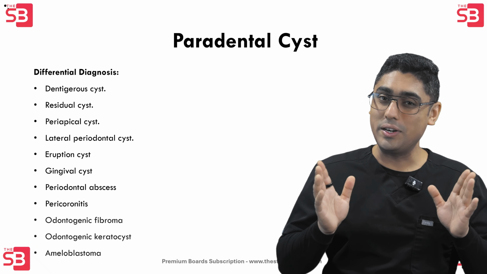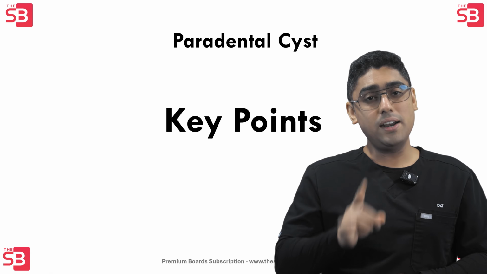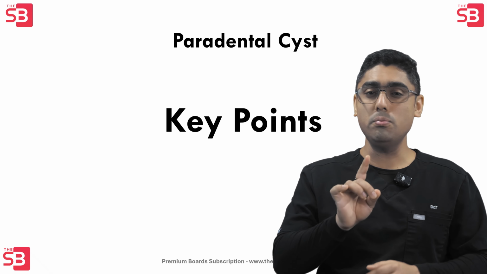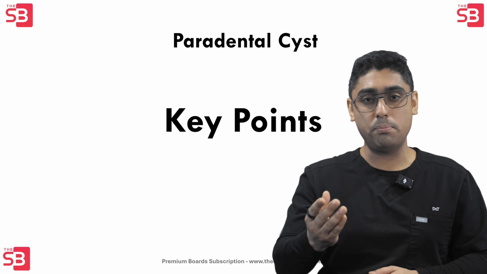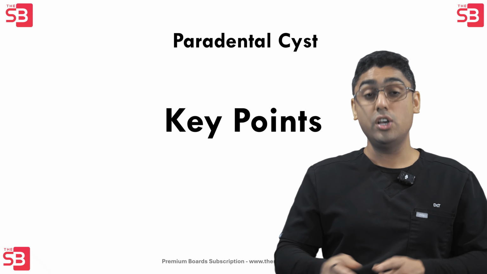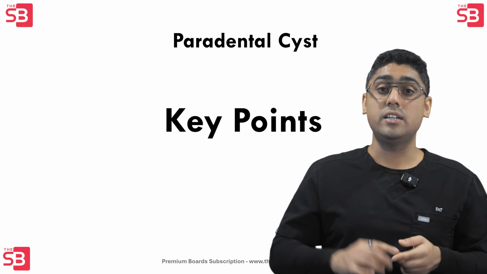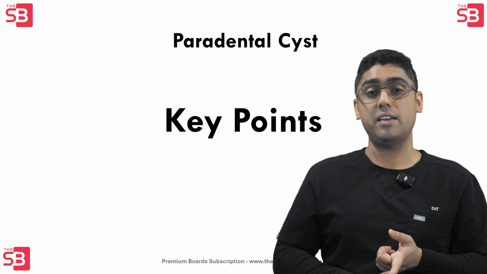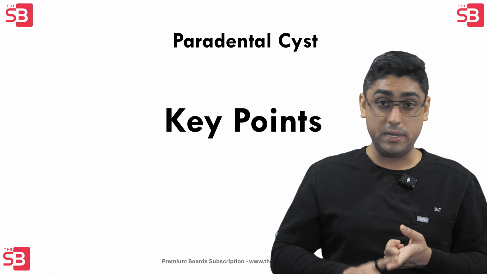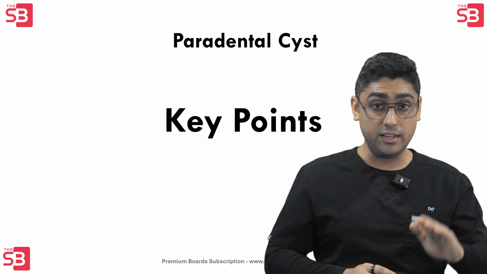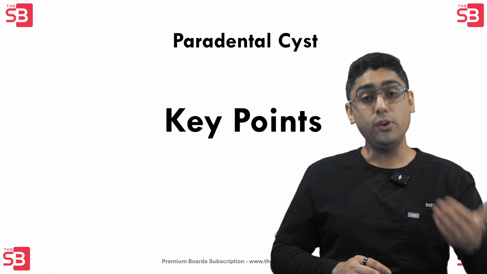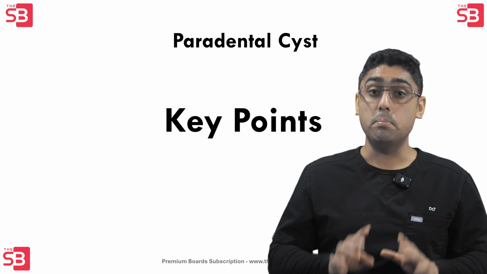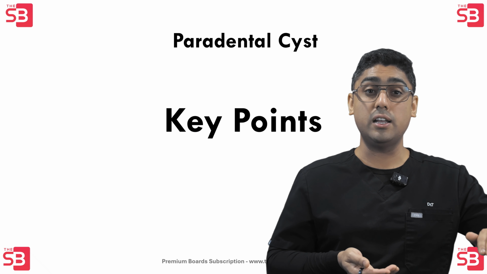Alright, now let's quickly recap the key points. Paradental cysts are inflammatory odontogenic cysts usually linked to pericoronitis around partially erupted mandibular third molars. Chronic irritation has to be there that triggers epithelial proliferation, forming a keratinized cystic cavity. Clinically it is painless at first, with buccal swelling, tenderness or delayed eruption. Radiographically it is a well-defined radiolucency around the molar roots. Buccal cysts are expanding into the buccal plate.